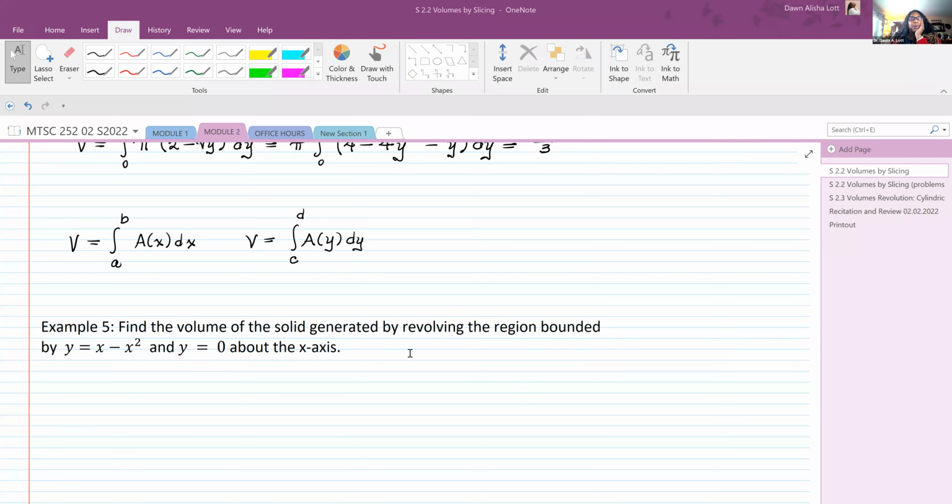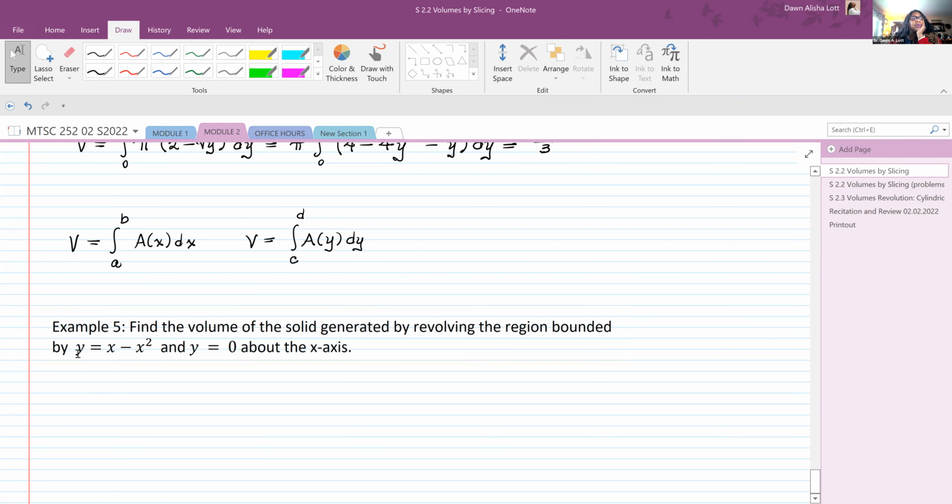How do I solve this problem? What is the graph of y equal to x minus x squared look like? What does y equal to x minus x squared look like?